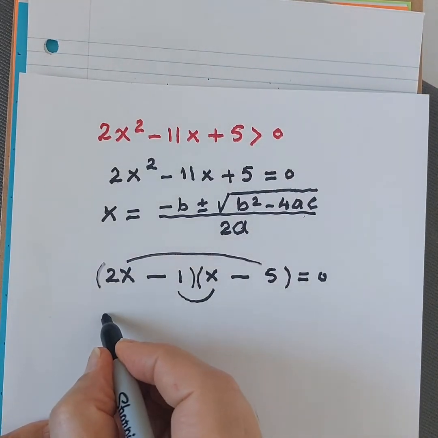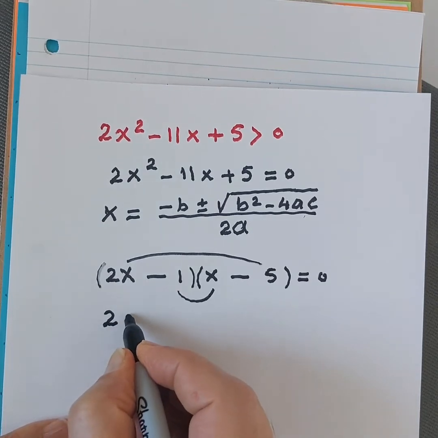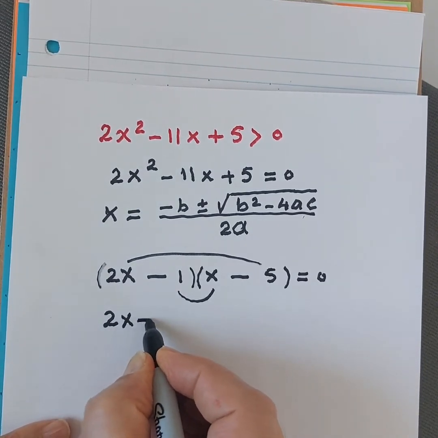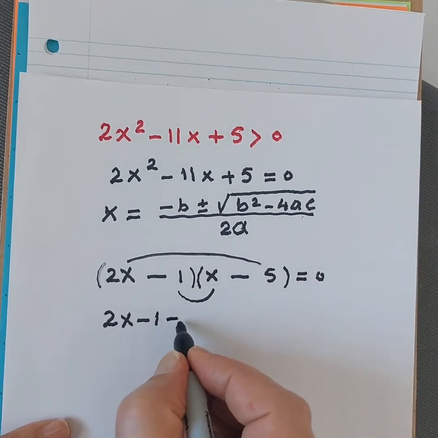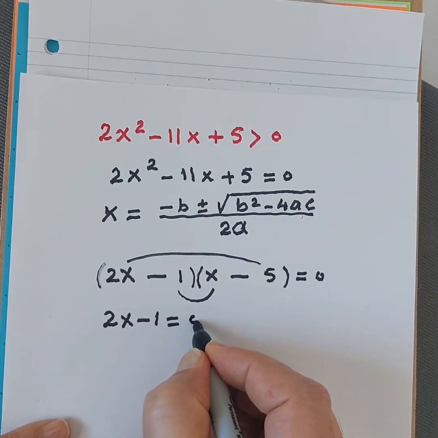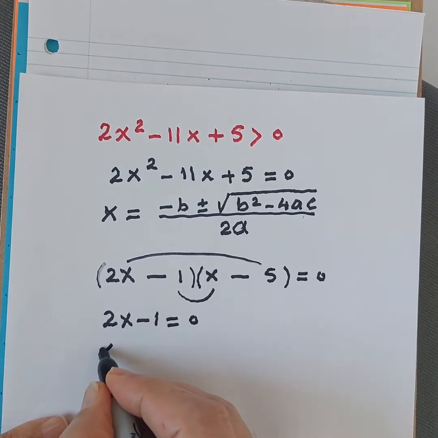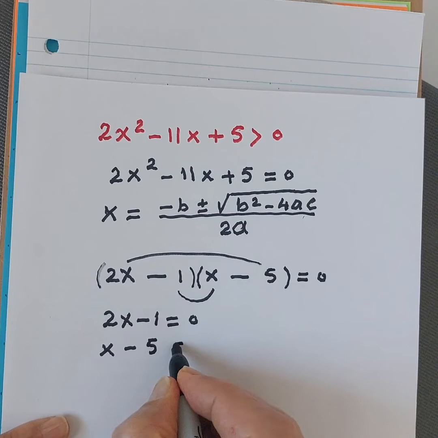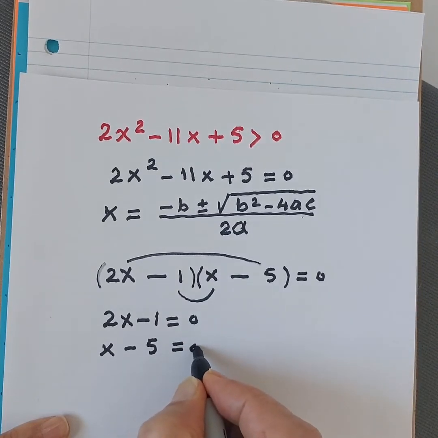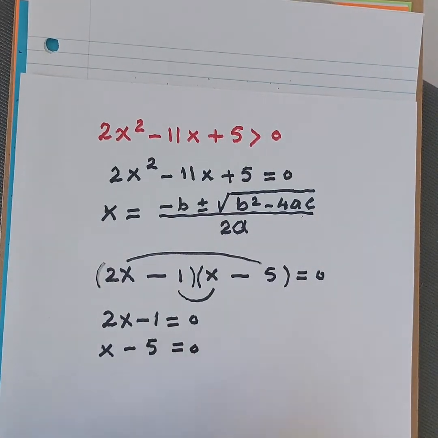So we will take 2x minus 1 and make it equal to 0, and take x minus 5 and make it equal to 0. Each one will lead you to one answer.